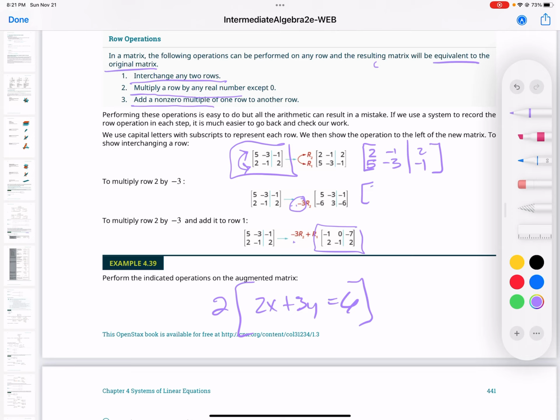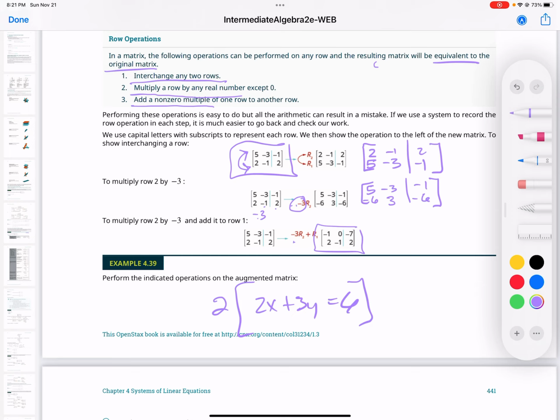So we're going to copy down our row 1 just the way it was. And then for row 2, we're going to multiply that by -3. So -3 times 2 is going to give us a -6. -3 times -1 is going to give us a +3. And -3 times 2 is going to give us a -6.